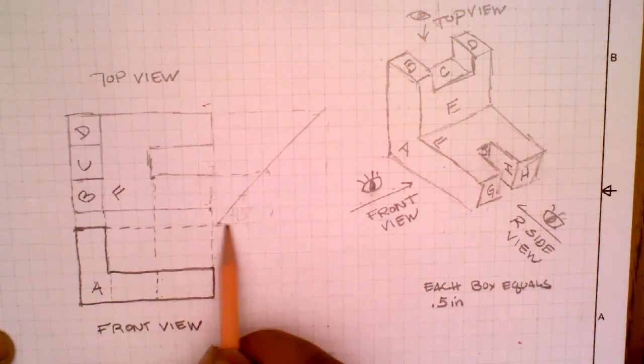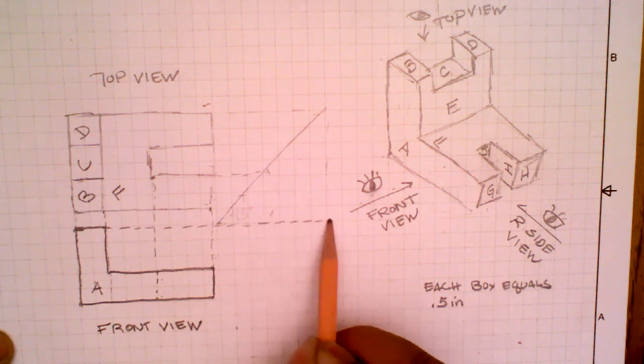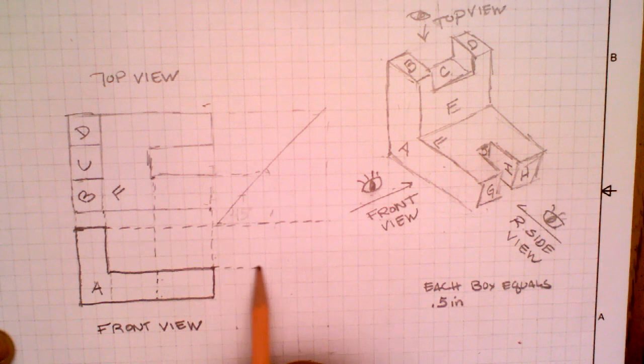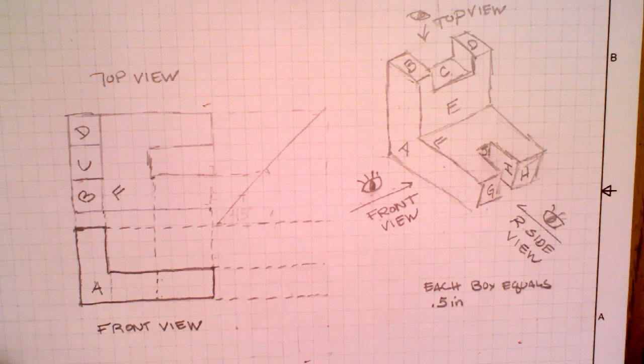Once again, these are light construction lines. I'm going to project them to that point. I'm going to project to this point and project this point. When you see this process, I'm basically just projecting the object with these light construction lines, and you'll see it start to fall into place.